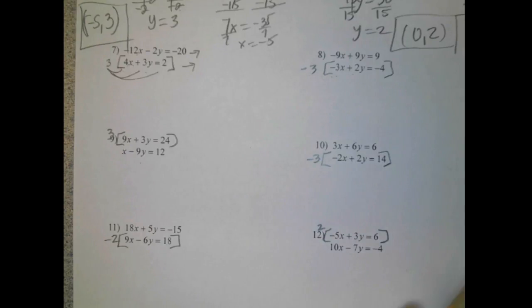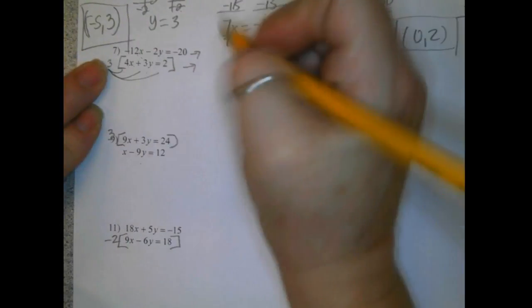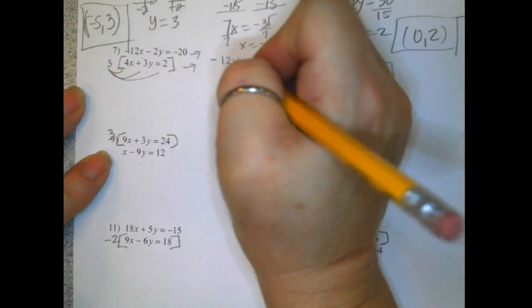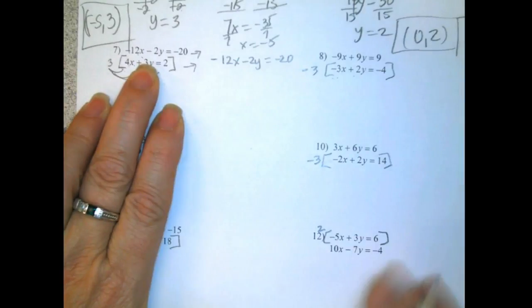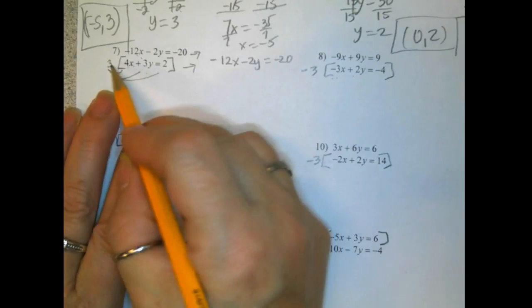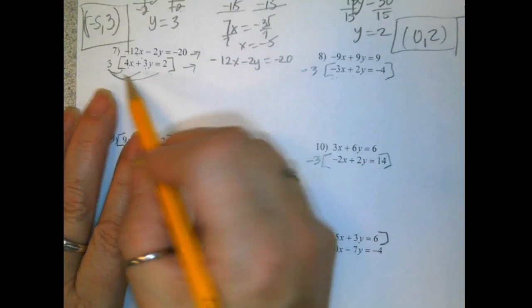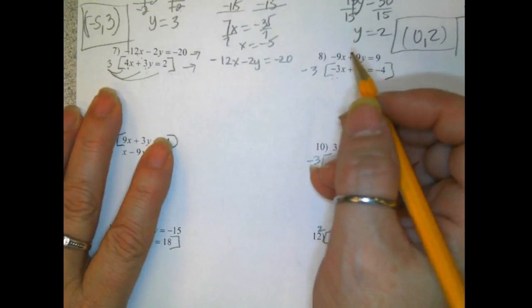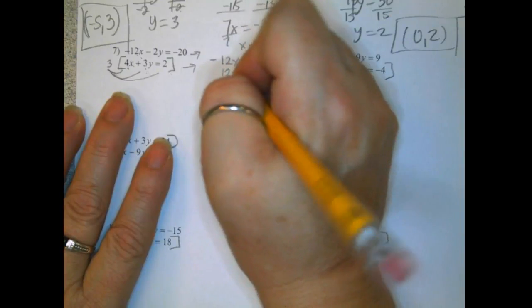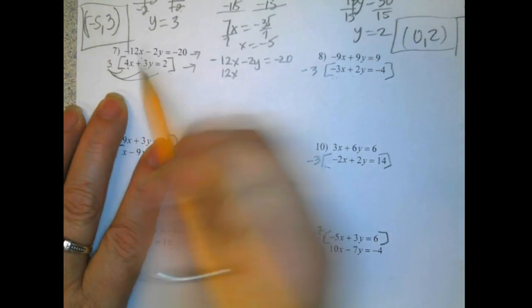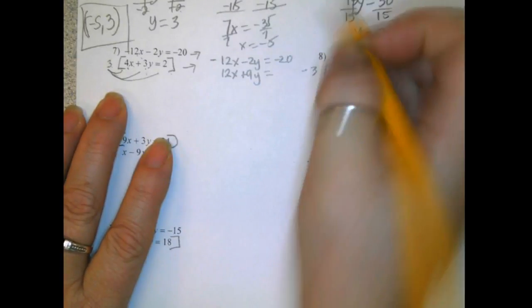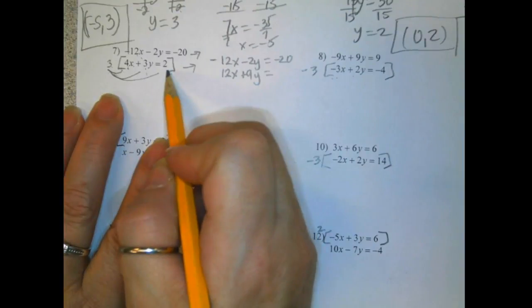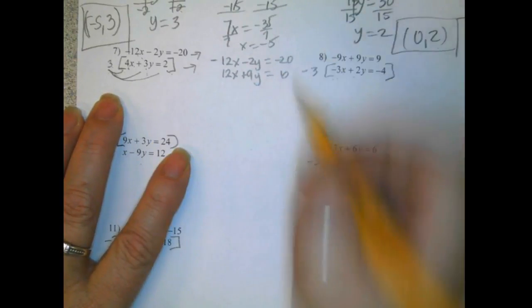So let's go ahead and do number 7 together. I don't multiply my top number, so I'm just going to bring negative 12x minus 2y equals negative 20 on over. And then I'm going to multiply everything by 3. So 3 times 4x is positive 12x. 3 times 3y is positive 9y. 3 times a 2 is going to be positive 6, right?